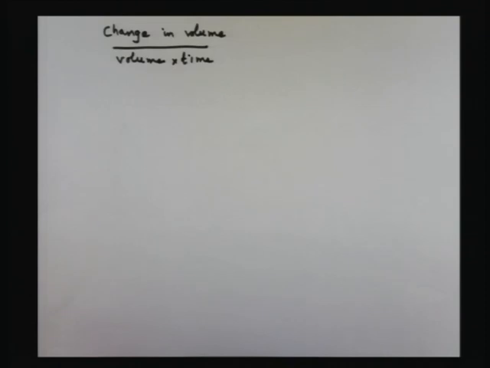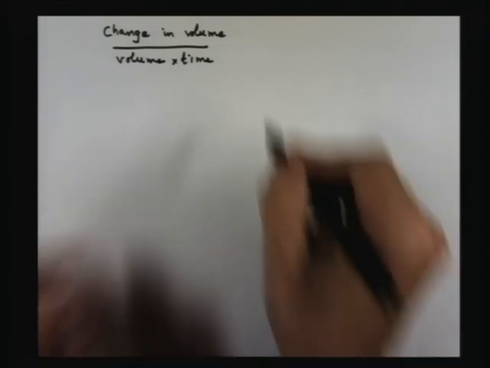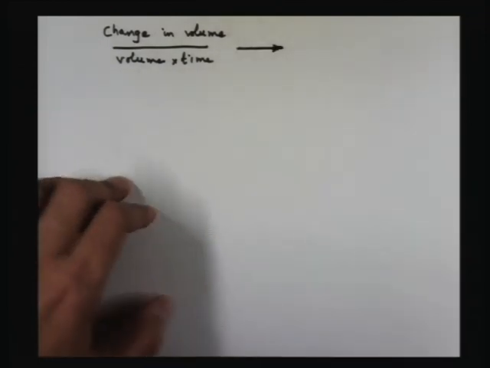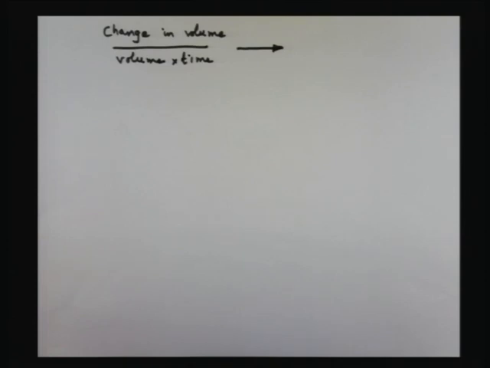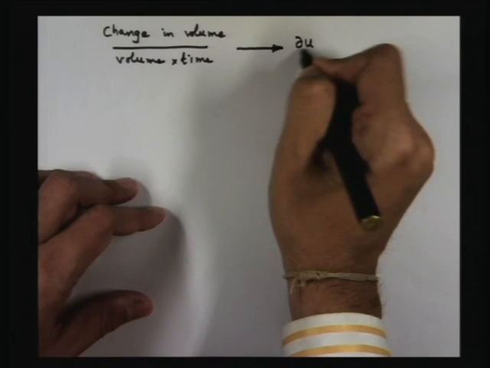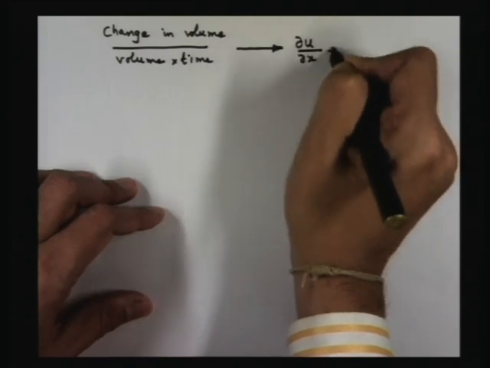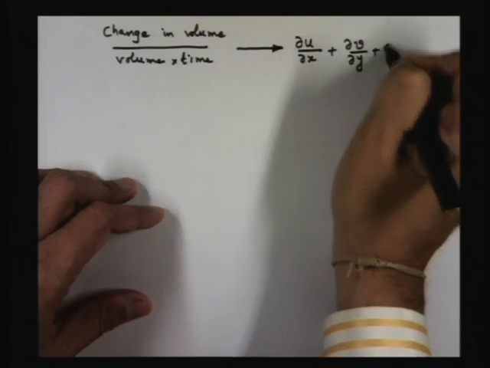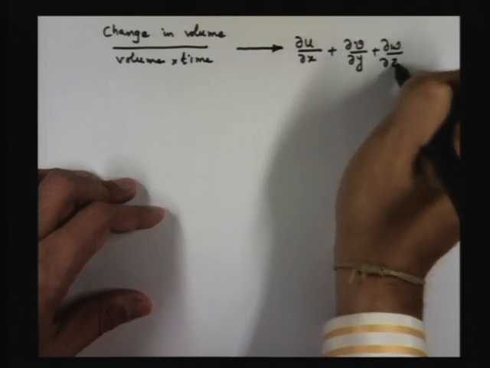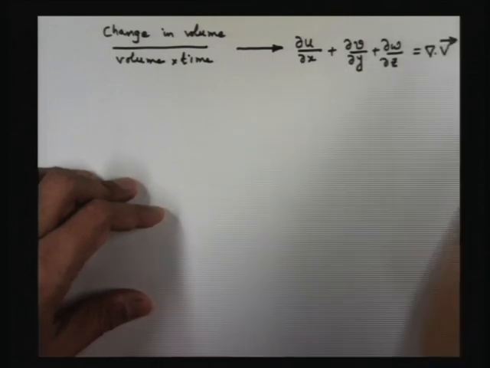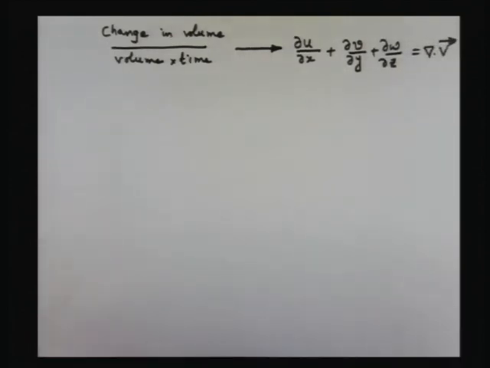This is rate of volumetric strain. Rate of volumetric strain was derived. I am not going through the derivation anymore because this derivation was already done. Which is the divergence of the velocity vector.